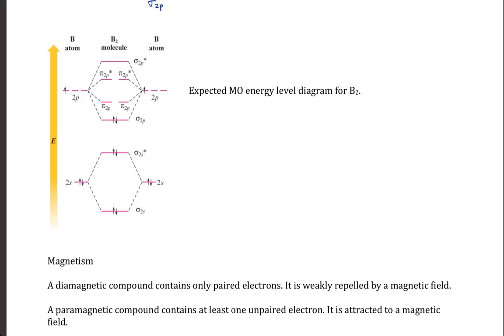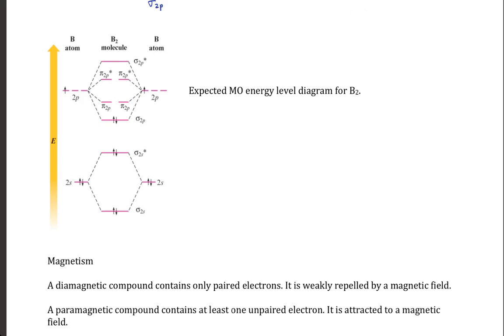Okay, so now we have a diagram from your textbook, the energy level diagram for boron, showing the s MOs, the sigma 2s, sigma 2s star MOs, along with the p MOs, the sigma 2p, the pi 2p's, pi 2p star, and the sigma 2p star. So notice how they go up in energy.